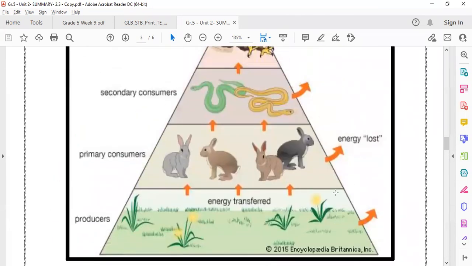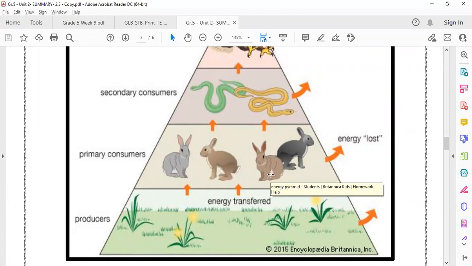Let's look at this energy pyramid. As you can see here, the producers, like carrots, for example. For one rabbit to support its energy, it takes only 10% of the energy from the producers, right? But the rabbit itself needs more than only 10% of energy. So the rabbit will not get enough with only one plant or one producer or one carrot.